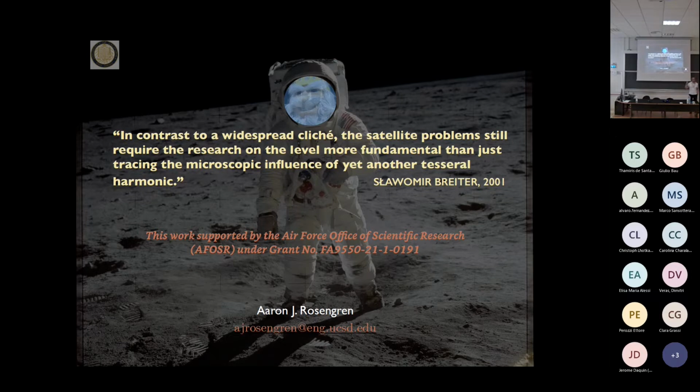But when we get into this lunar regime, it's really where the XGEO regime is, where these dynamics take place on mission timescales. So it really motivates a lot of the understanding that I want to develop for this area.